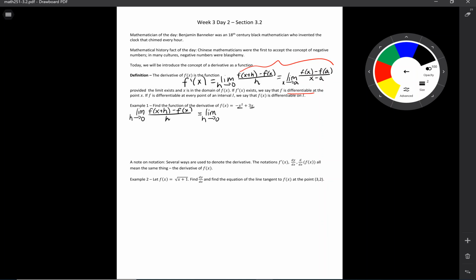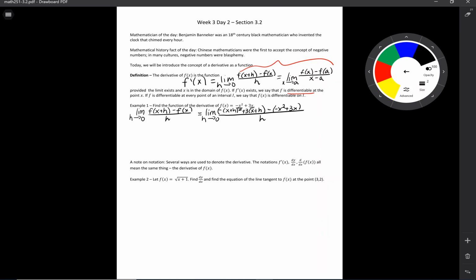So this becomes negative x plus h squared plus 3 times x plus h. This is f of x plus h minus f of x, which is negative x squared plus 3x. All of this over h.